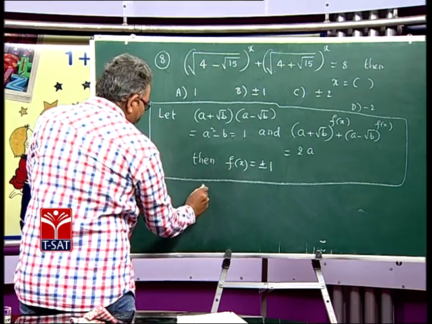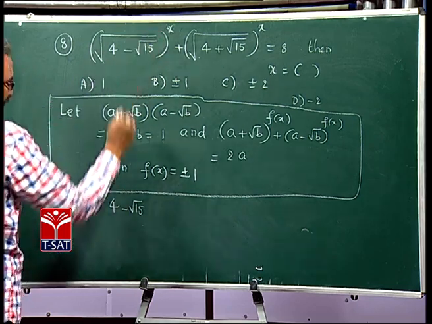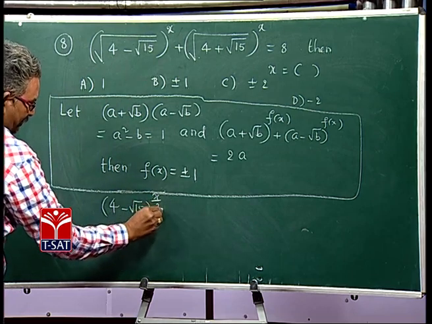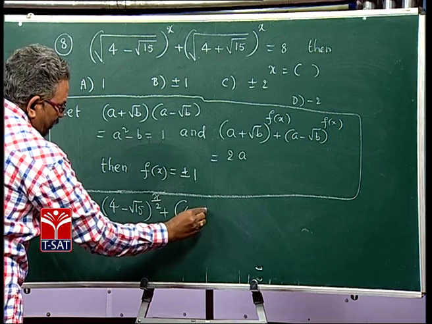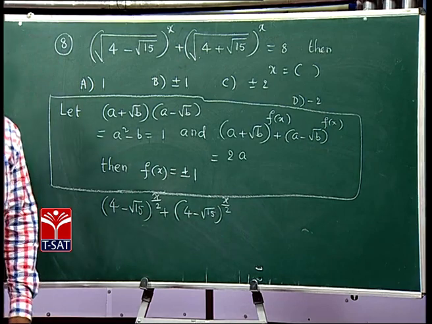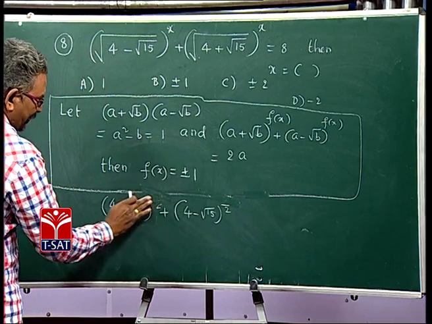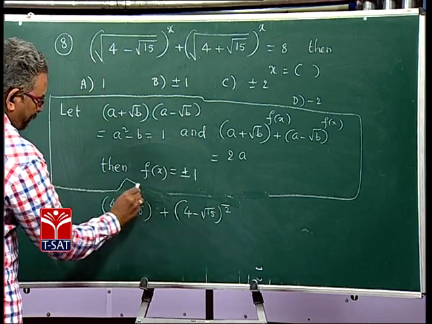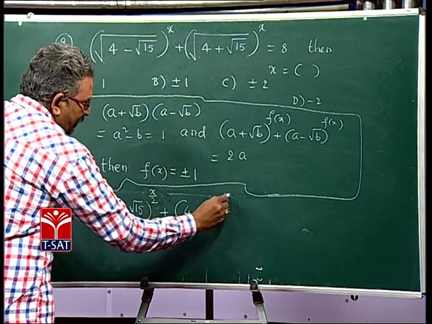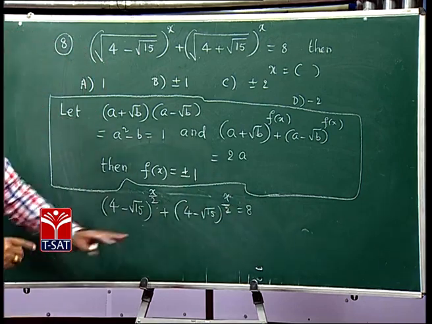This can be written as (4 minus root 15) whole to the power of half, whole to the power of x, so the power is x by 2, plus (4 plus root 15) whole to the power of x by 2, equal to 8. I will write once again, do not worry.